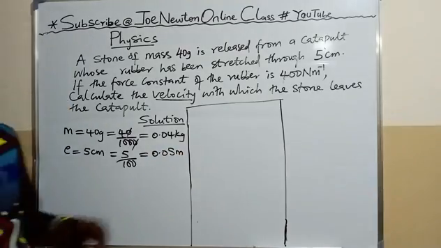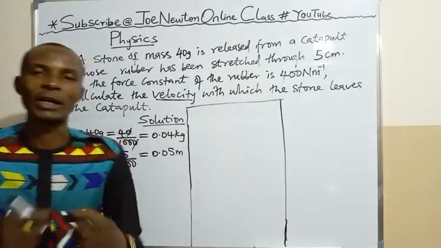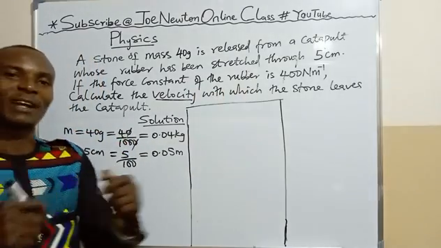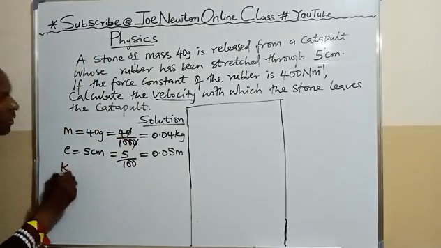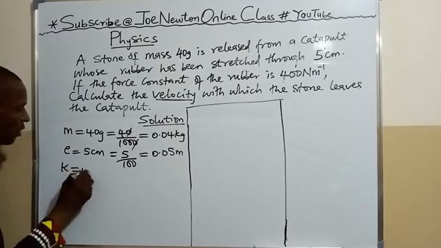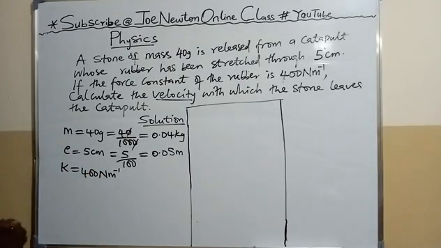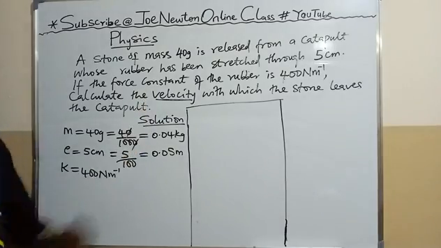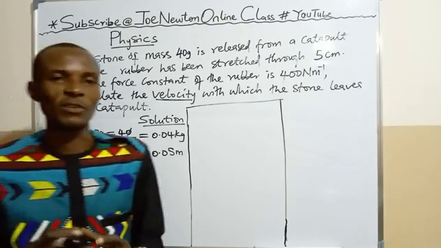Then we are given the force constant or the elastic constant of the material, because the catapult is made of rubber and rubber is an elastic material. So we are given that K, the force constant, equals 400 Newton per meter. Then, in order to find this, the question now is what do we do? Let us analyze the process.